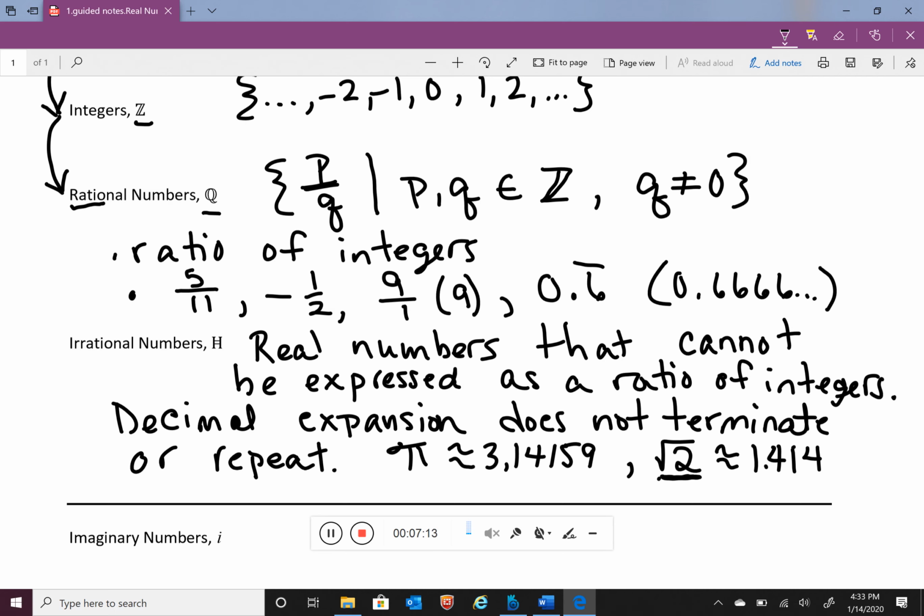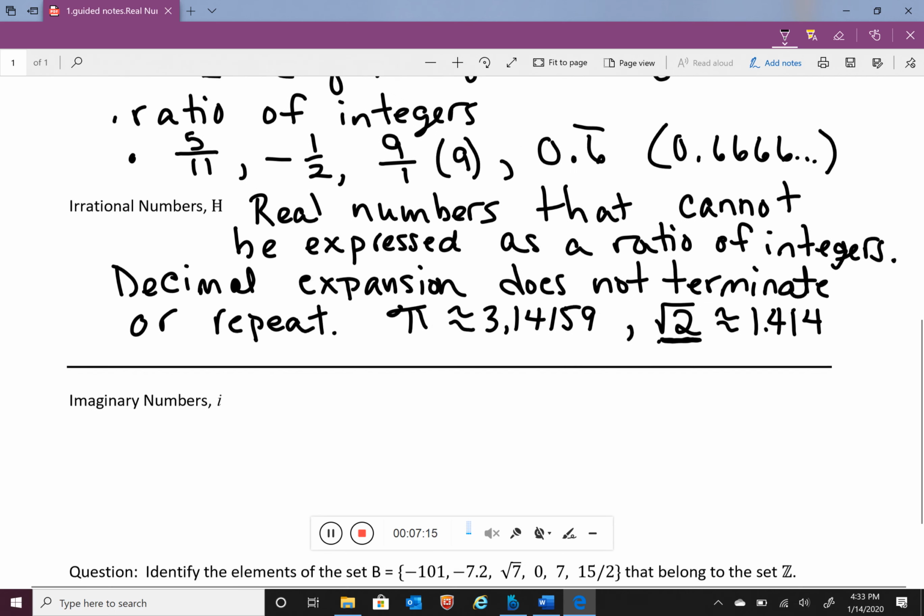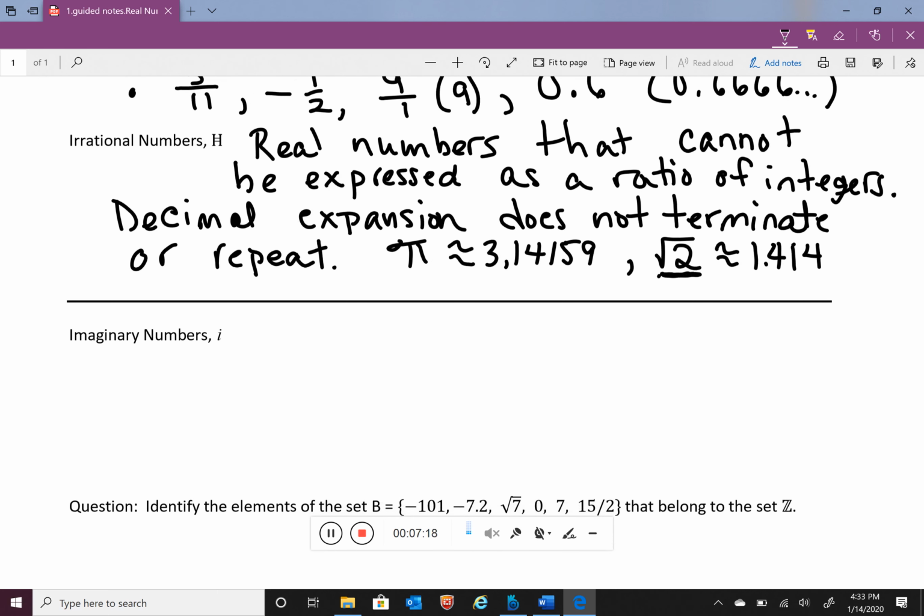And the last set of numbers that we're going to talk about, notice I have this line here. I'm separating this. These are not real numbers. These are imaginary numbers. And these are numbers that I don't understand their value. An imaginary number cannot be placed on a number line.